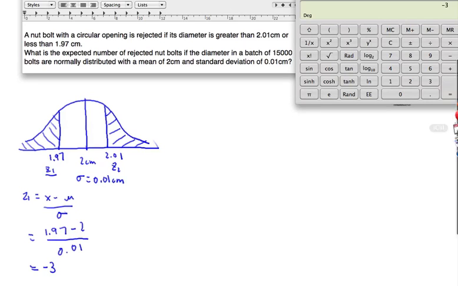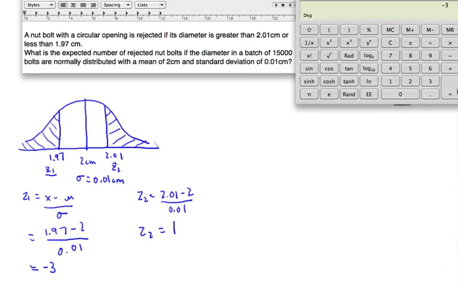Before we look that up, let's find the value of Z2. Likewise, Z2 will be equal to (2.01 minus 2) divided by 0.01. And this is pretty obvious, it'll give us a value of 1.